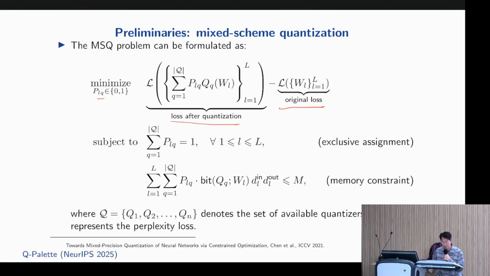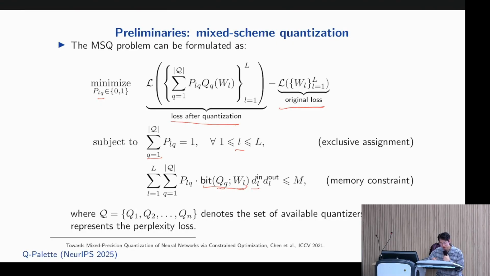So you want to minimize the difference in the loss before and after quantization, subject to the constraint that for all layers, you need to pick one of the quantizers. You cannot pick two. And using the quantizer for that specific layer weight, compute the average bits used.